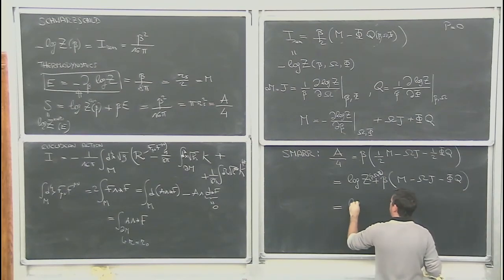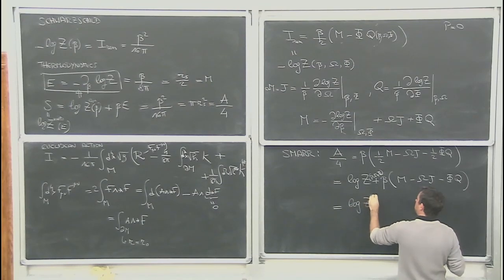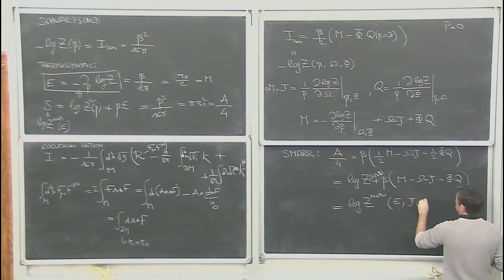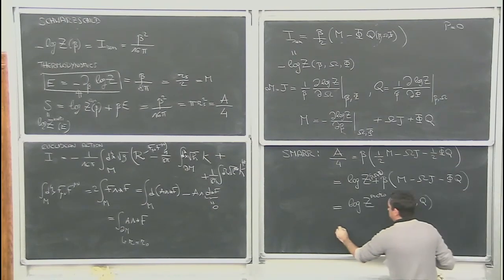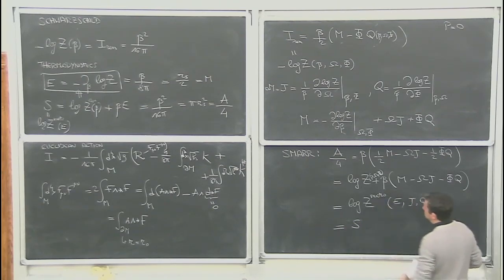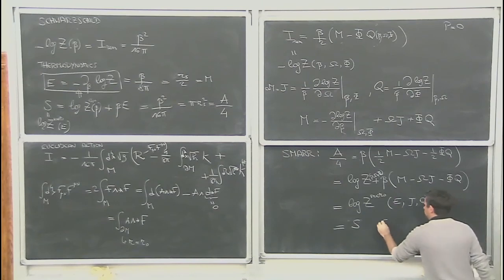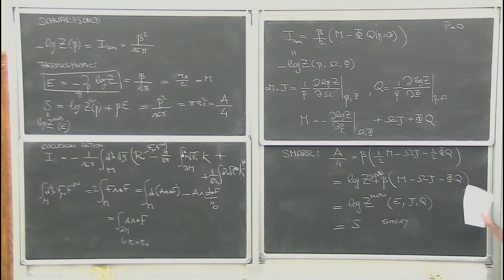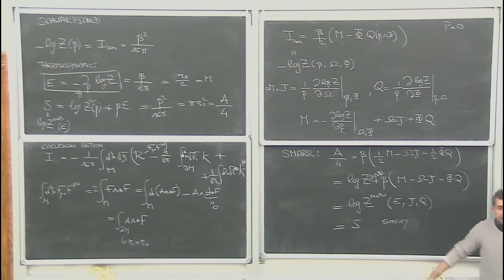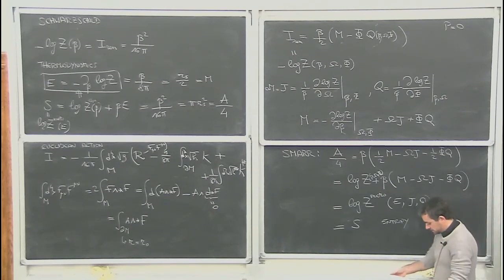So this is log of Z microcanonical that depends on E, J, and Q. And this, by definition, is the entropy. So we have proved by this Euclidean method that area over 4 is the entropy also for the Kerr-Newman solution. And this, again, can be generalized in many ways.